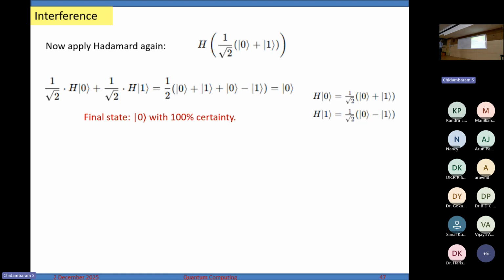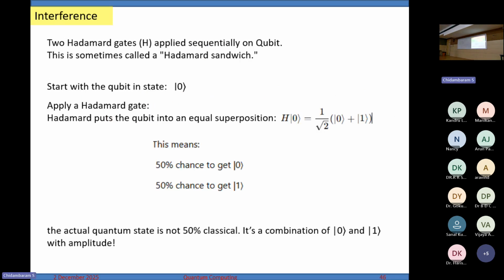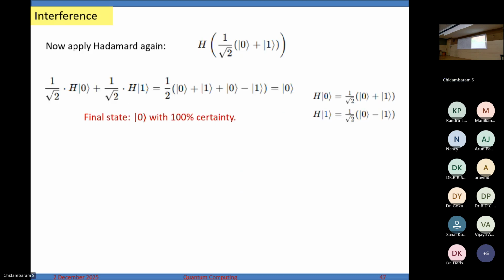So applying Hadamard on this, what happens? So 1 by root 2 Hadamard 0, 1 by root 2 Hadamard 1. This is clear? I repeat. Hadamard over 0, I got superposition. Next, on the superposition, again I am applying Hadamard. So 1 by root 2 Hadamard 0, 1 by root 2 Hadamard 1, right?